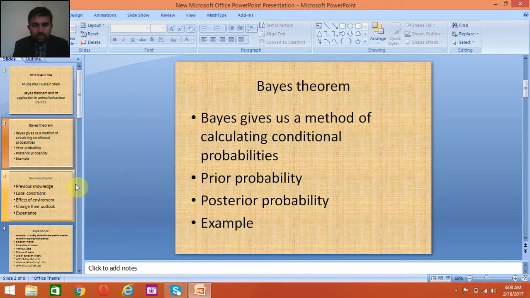For this purpose, we use our previous knowledge and upcoming data. The previous experience is known as prior probabilities, and the upcoming data which we have to study is the posterior probabilities. So we are interested in finding the probabilities of conditional based problems.